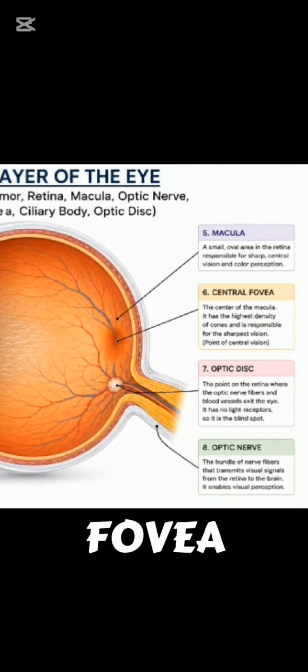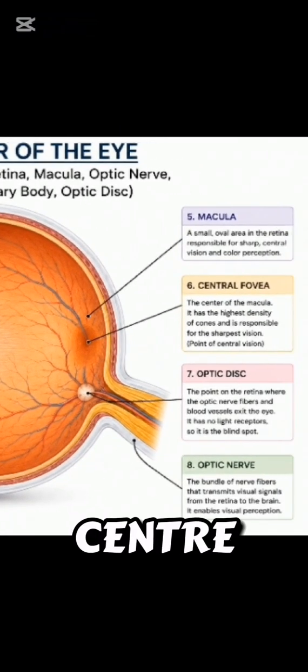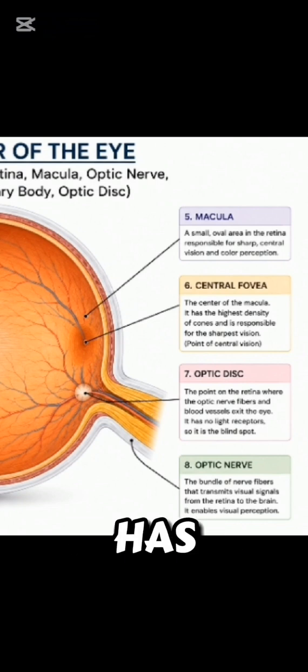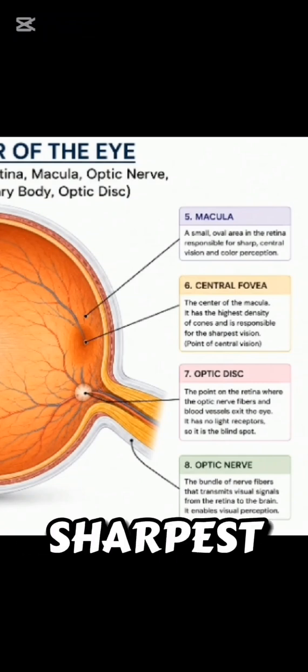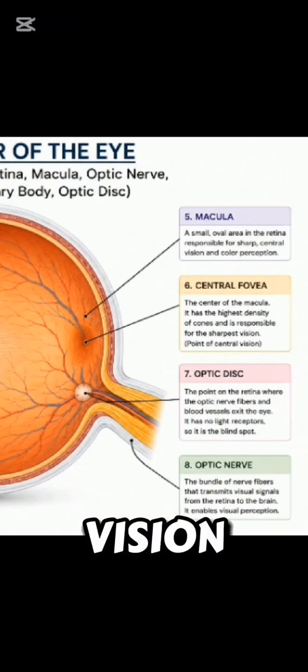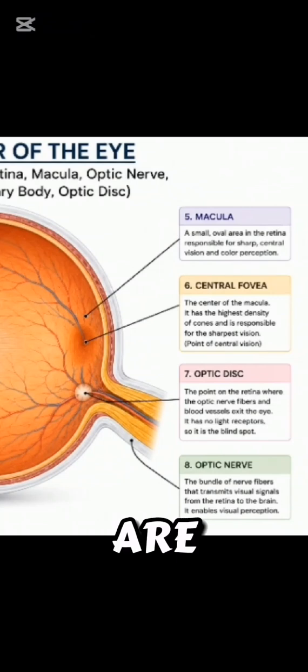The central fovea is the center of the macula. It has the highest density of cones and is responsible for the sharpest vision, which is the point of central vision. The optic nerve transmits visual information, which are called impulses, from the retina to the brain.